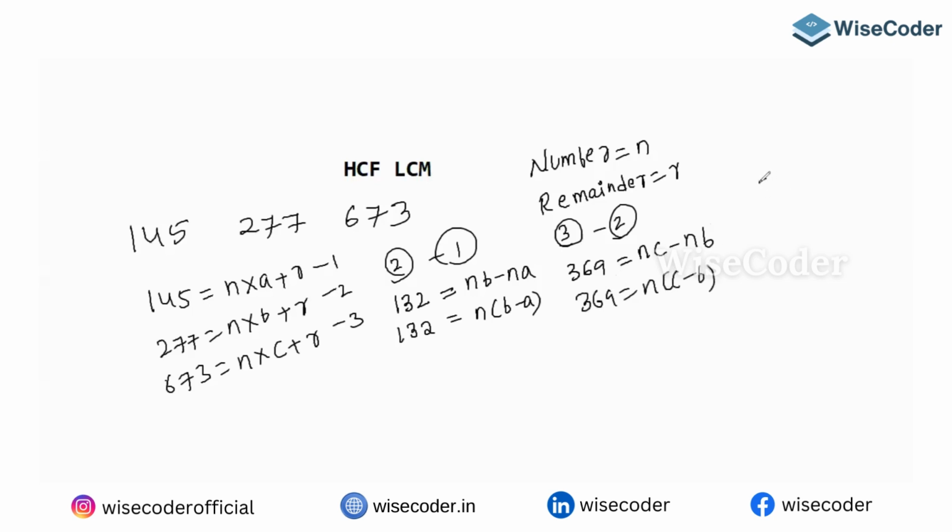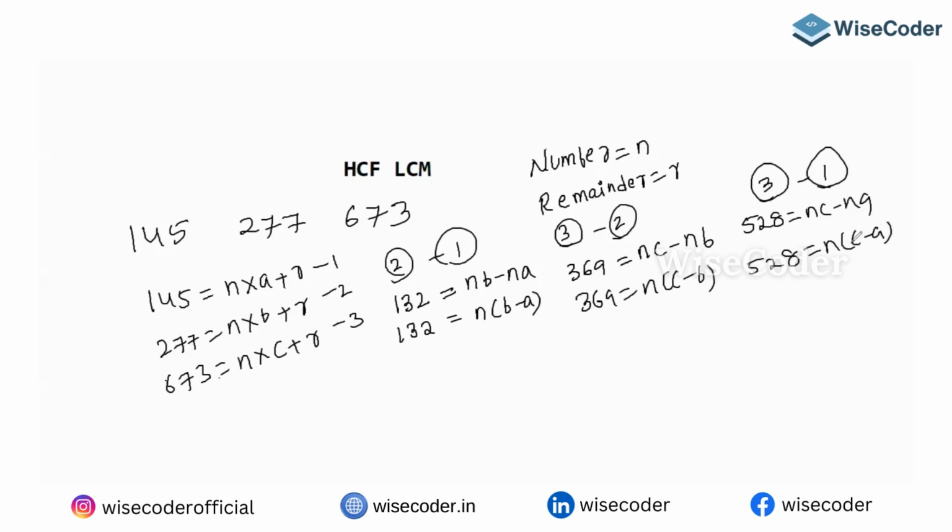And if you do 3 minus 1, because this is a larger number, 673 minus 145 will give you 528. So 528 equals nc minus na, which you can write as 528 equals n times (c minus a).